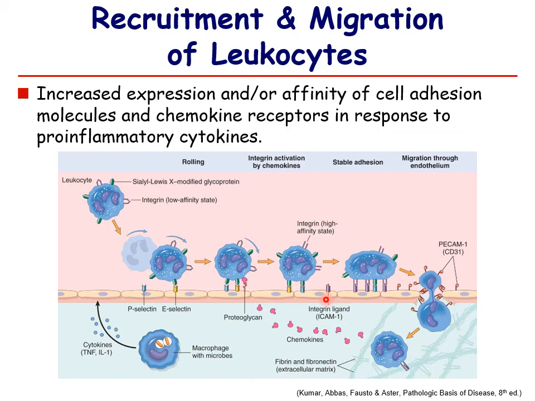As a result, together with the interaction of selectin molecules and their ligand, and then integrin and integrin ligands, now the leukocytes firmly attach to vascular endothelium, and then eventually they migrate through the space between vascular endothelial cells, come into the tissue where the acute inflammation is taking place.